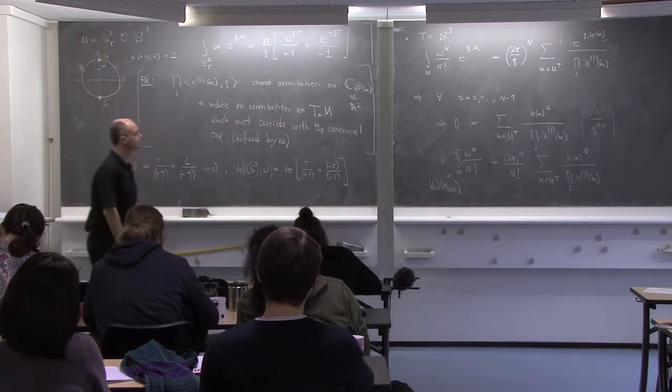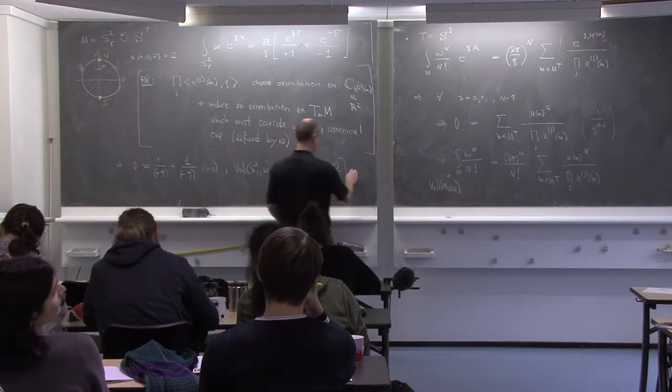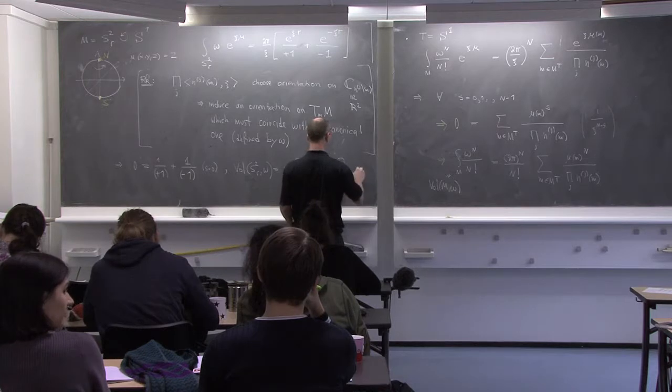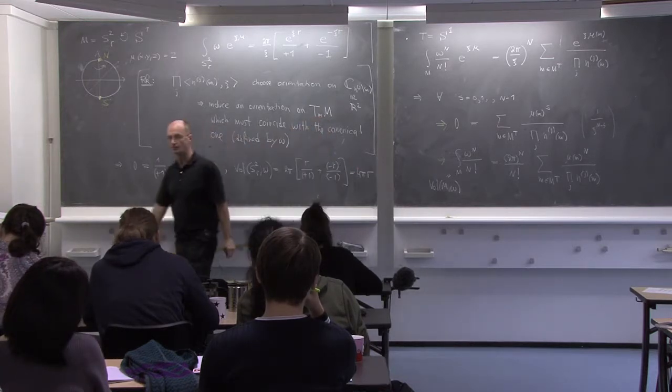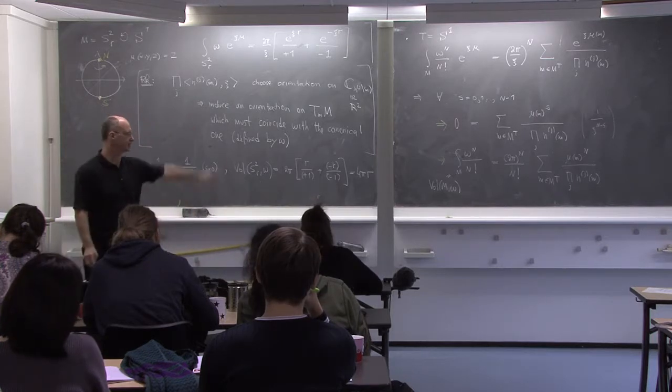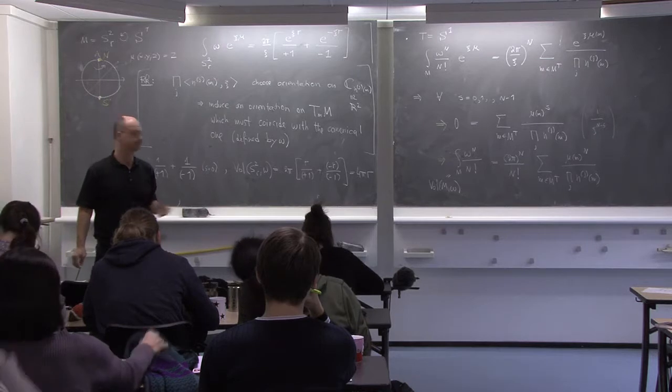Right? So that's what we get. And this is equal to 4 pi R. And I think it coincides with the symplectic volume of the corresponding two sphere.